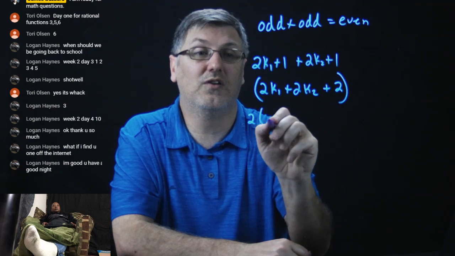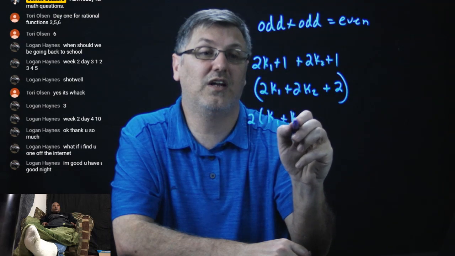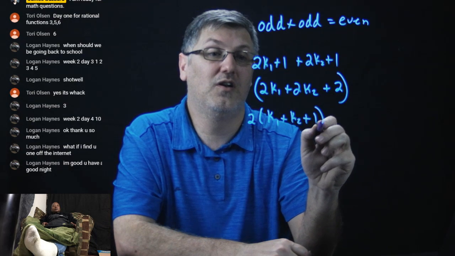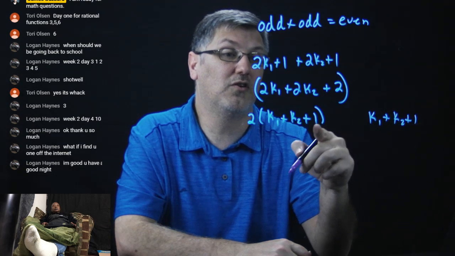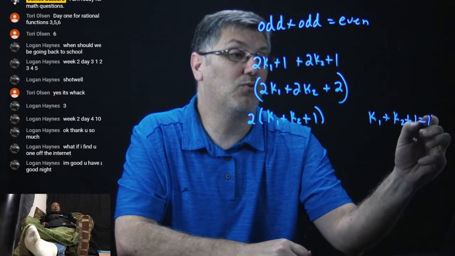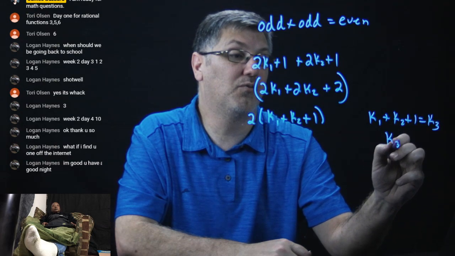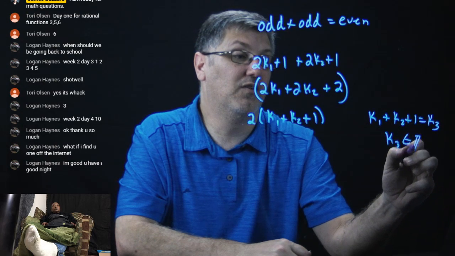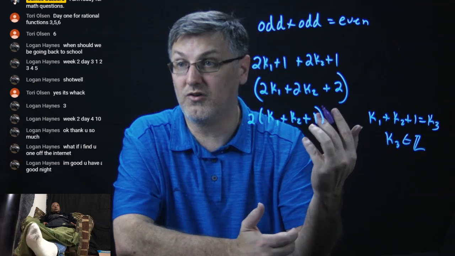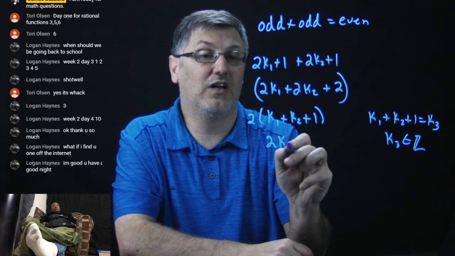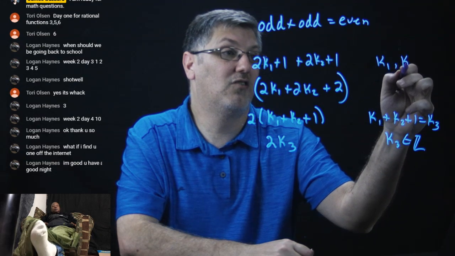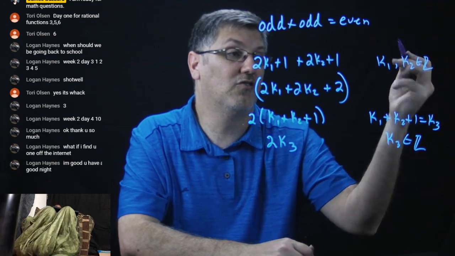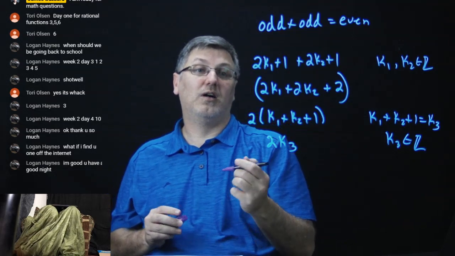They have a 2, and this gives me 2 times (k sub 1 plus k sub 2 plus 1), and k sub 1 plus k sub 2 plus 1, because 1 is an integer, is going to equal k sub 3, and k sub 3 is an element of the integers because integers are closed under addition. So this becomes 2k sub 3, and k sub 1 and k sub 2 are elements of the integers. Voila. Odd plus an odd is always an even.